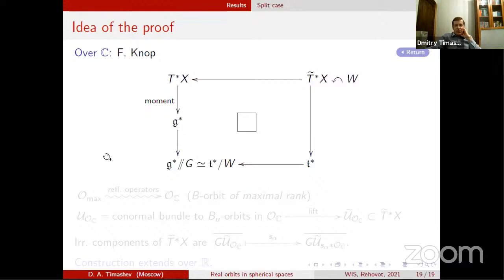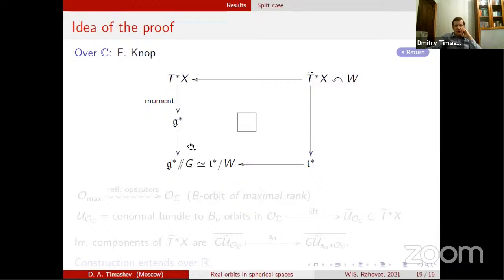Let's consider the moment map sending the cotangent bundle of X to the dual of the Lie algebra of G, and compose it with the categorical quotient map by the coadjoint action of G. The categorical quotient is isomorphic by the Chevalley theorem to the categorical quotient of t star, the dual of the Lie algebra of T, modulo the action of the Weyl group.